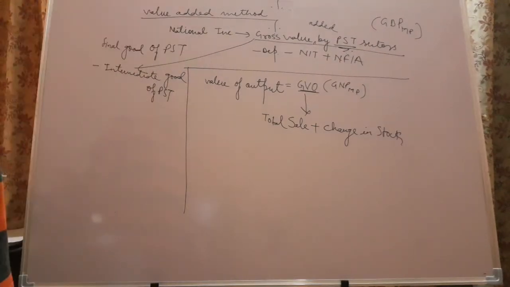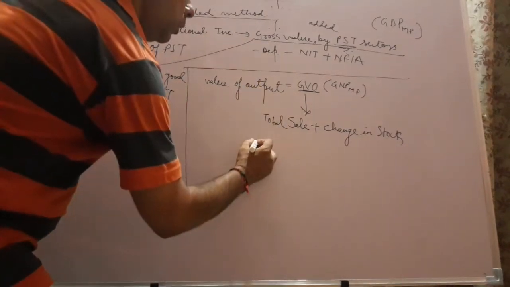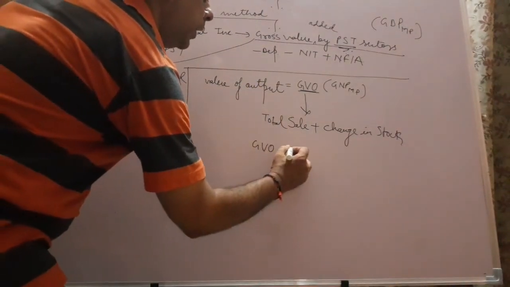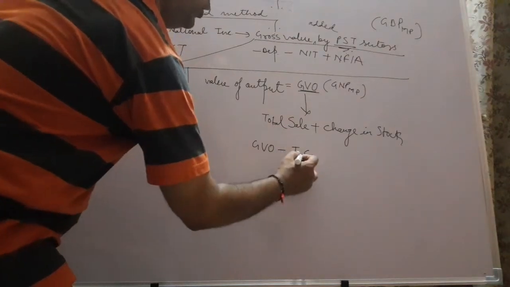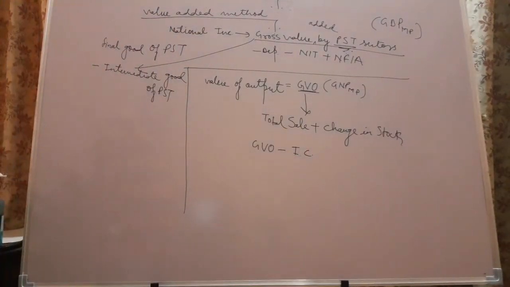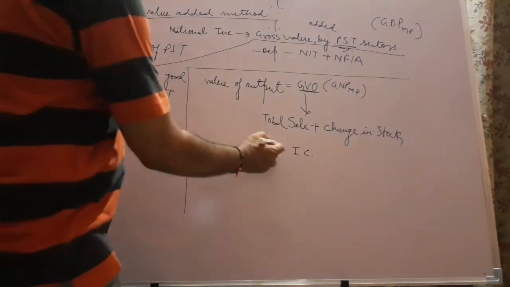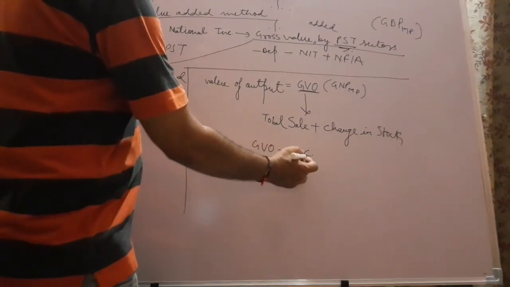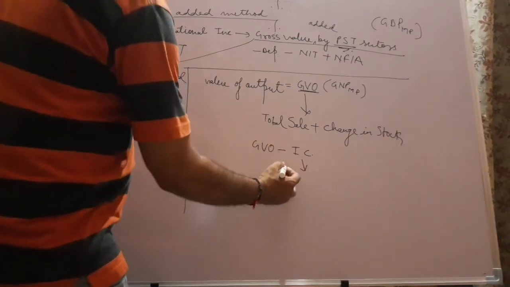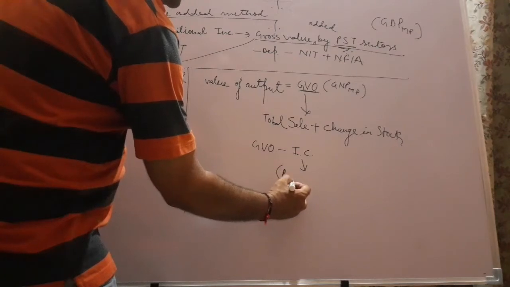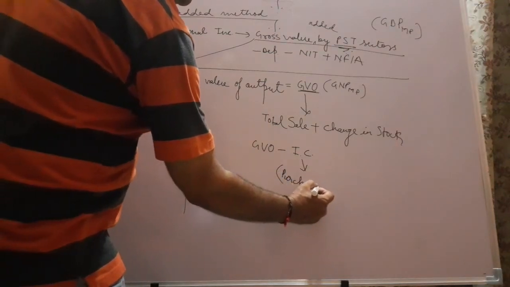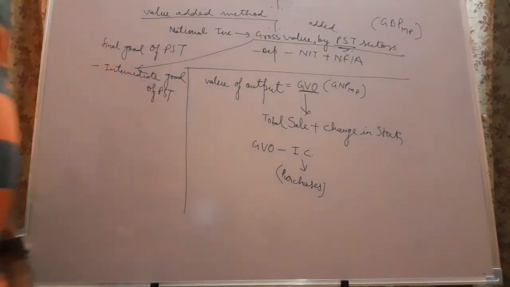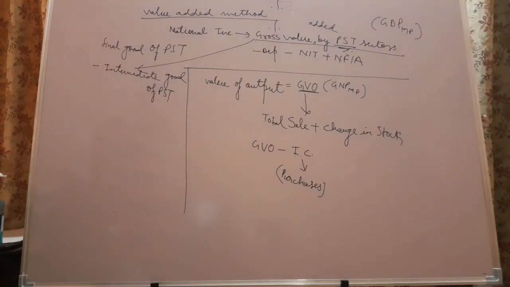Understood? How can we calculate national income from here? Let us see. When we subtract intermediate consumption from GVO, this intermediate consumption is purchases. All the purchases are intermediate consumption.